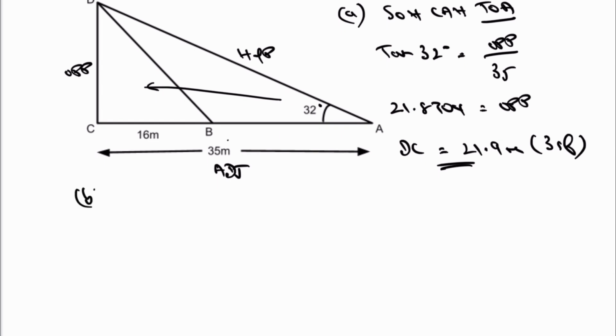I'm going to try to keep this onto the same screen if I possibly can. Okay, with part B, you'll notice now that effectively I know my opposite, which I've just worked out. I also know then that I've got a right angle triangle, so therefore I can write my opposite in as 21.9 meters.